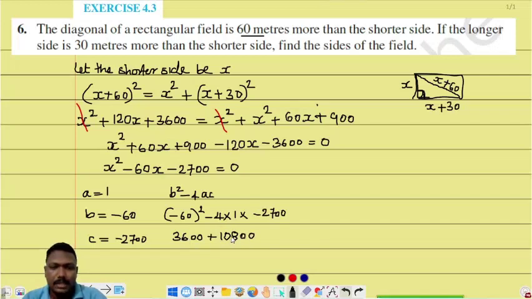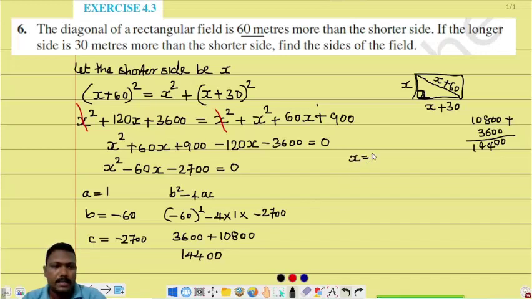Now we can add these two: 10,800 plus 3,600, so you will get 14,400.